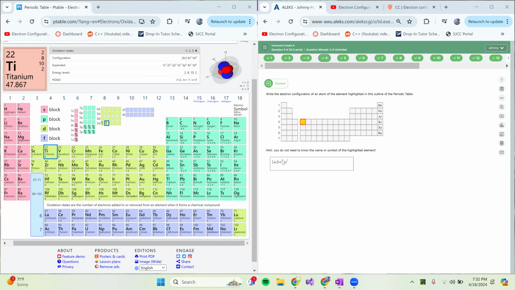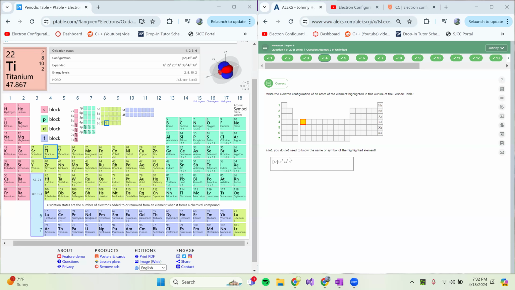So you can see that there are just 4 electrons in that electron configuration. That's another way to know that you did it right. They also write it from the highest energy level. So you can see that 3d goes first, and then 4s, which is the lower energy level, goes second.